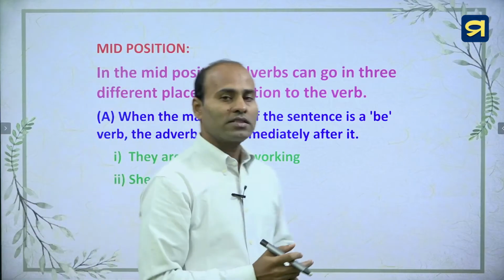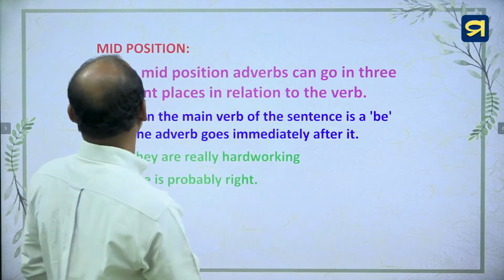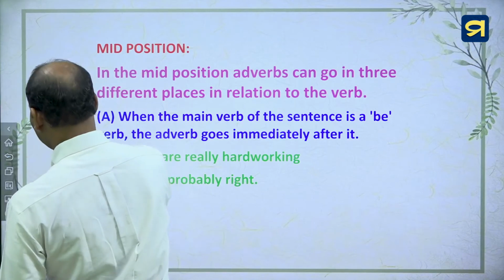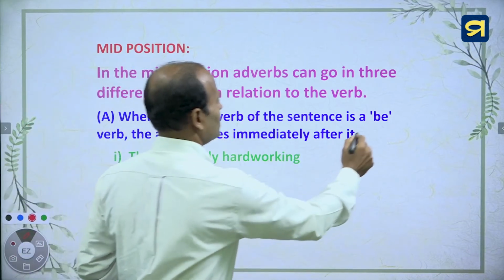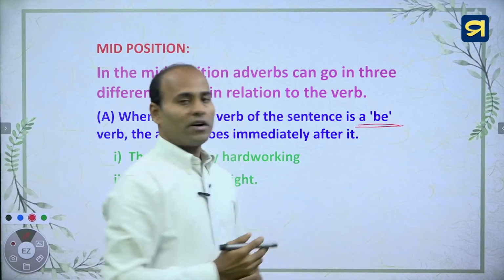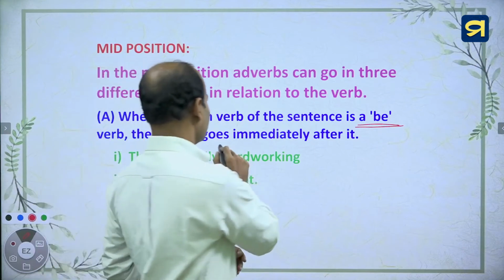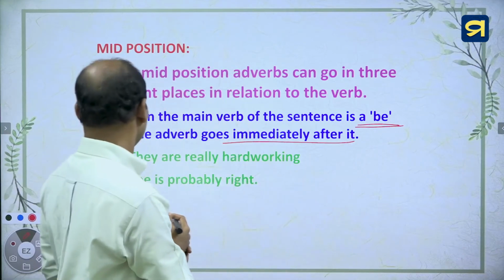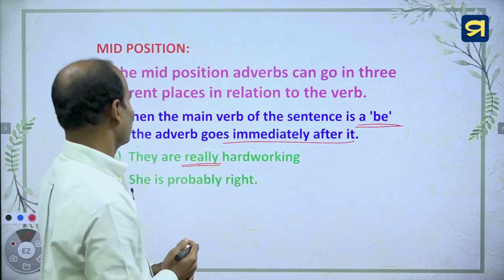Now let's discuss the use of adverbs in the mid position. In the mid position, adverbs can go in 3 different positions. When the main verb of the sentence is a be verb, please remember it, the adverb goes immediately after it. Let's see the examples. They are really hardworking.